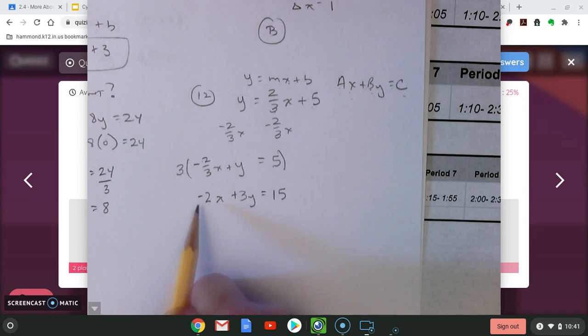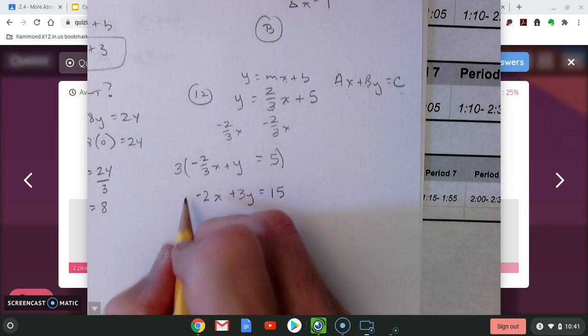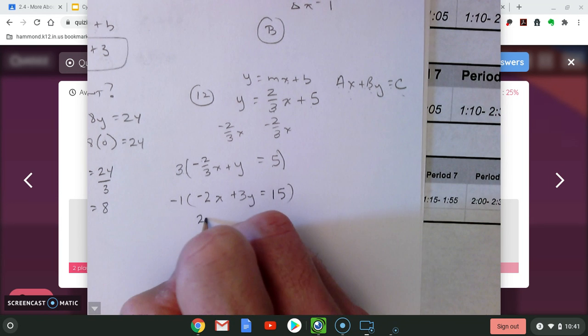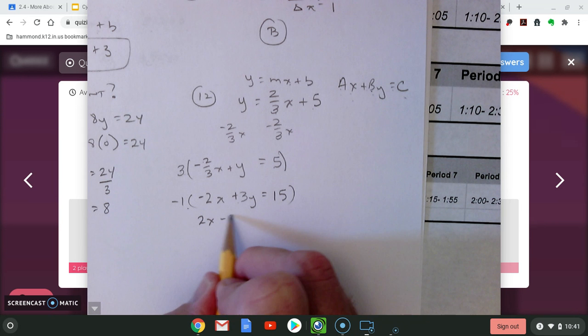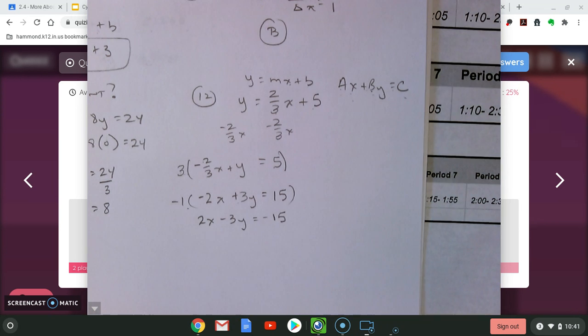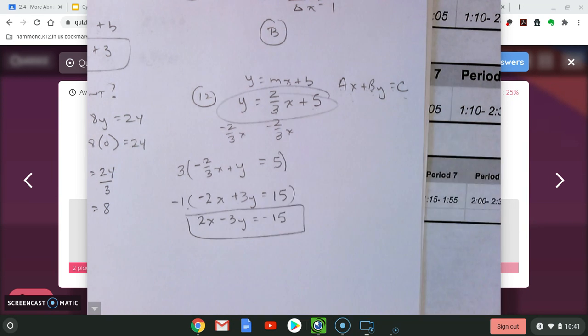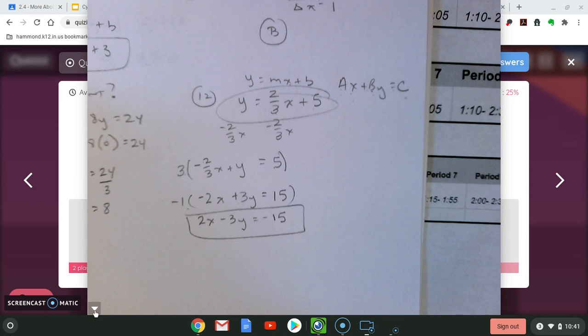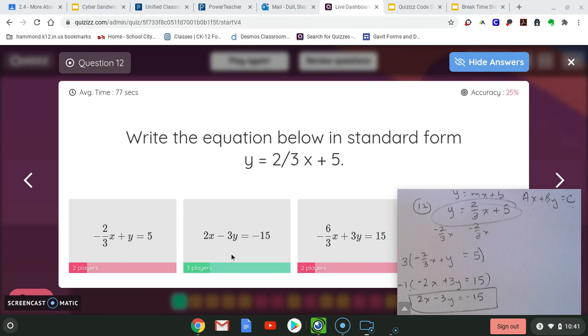My lead coefficient has to be positive, so I have to multiply this entire thing by negative 1. So this is going to be my standard form equation for this slope-intercept form: 2x minus 3y equals negative 15.